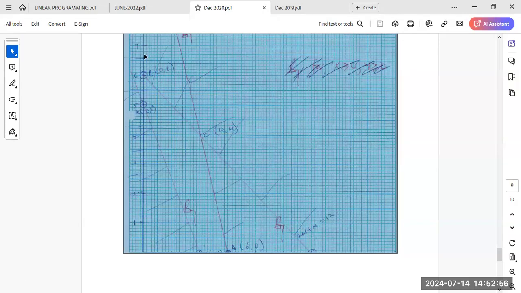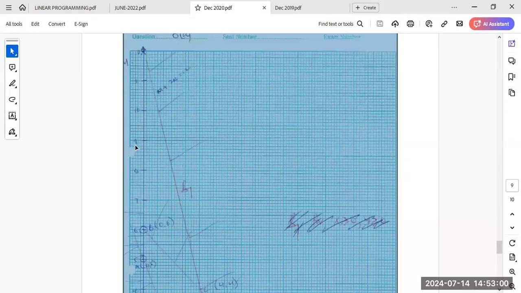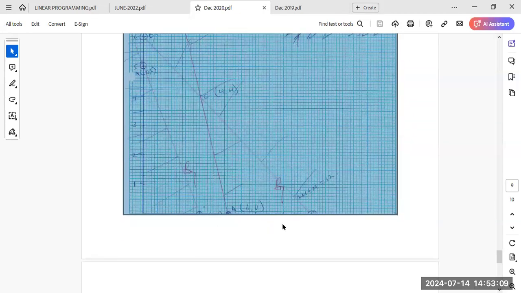And this is your vertical line already. Just that you will name this line somewhere and say M is equal to 0. Then you also name your line here and say that N is equal to 0.